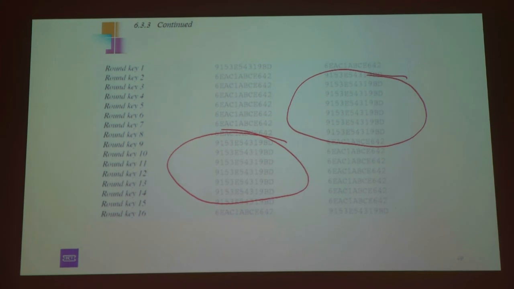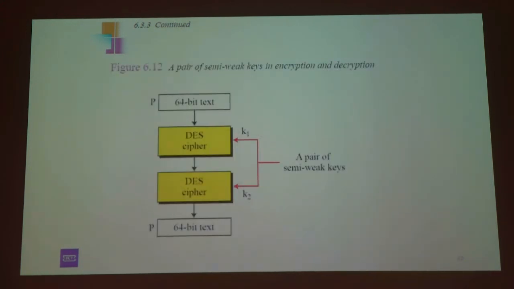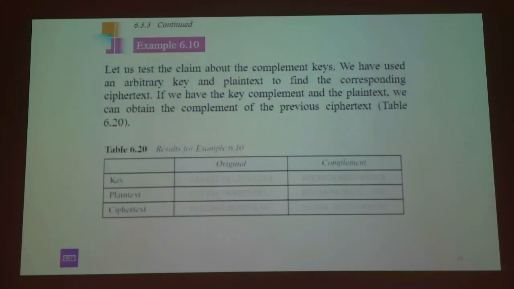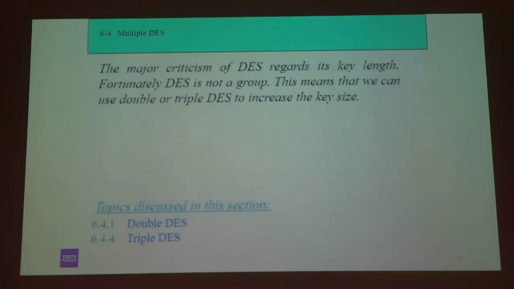That will be weak. You need an encryption algorithm that in every round gives you completely different data, all the way until the end. There is also a pair of semi-weak keys, K1 and K2. I'm going to skip this.